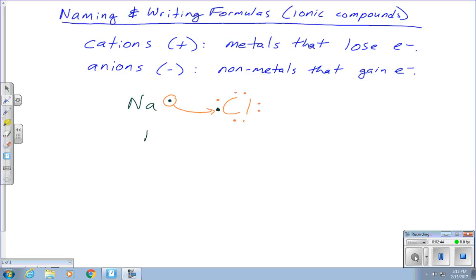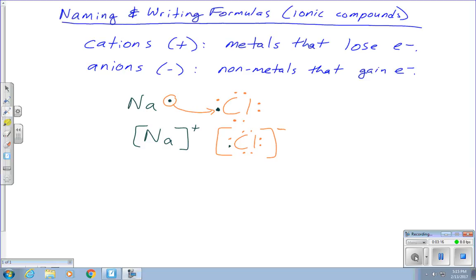leaving a sodium with an empty highest energy level. So we write it like this, and a chlorine with a full highest energy level, because it took sodium's electron, which makes it a negative charge.